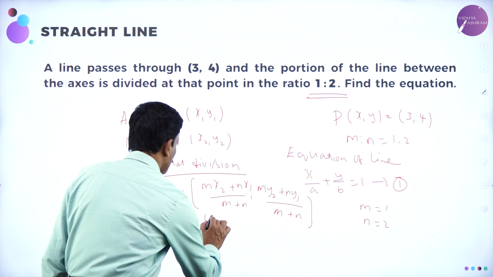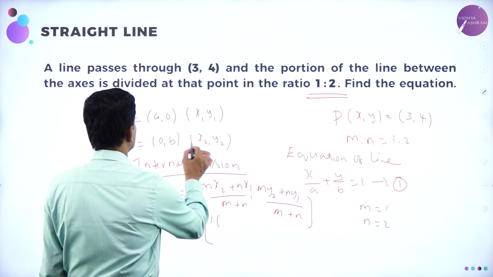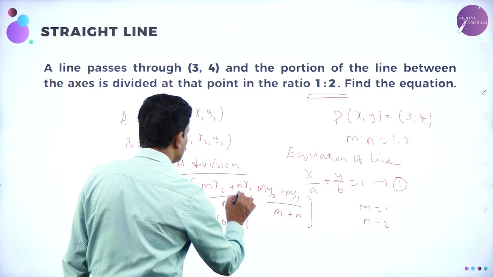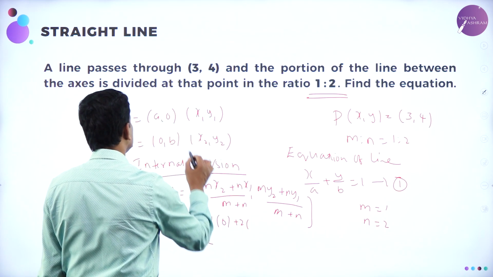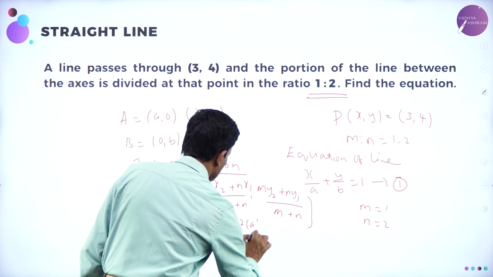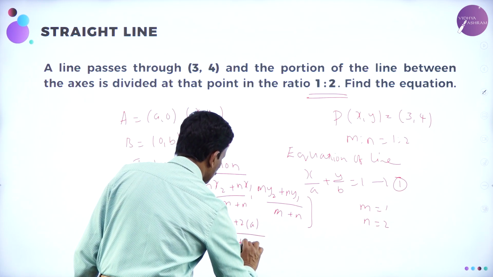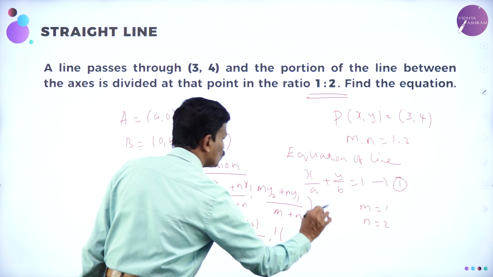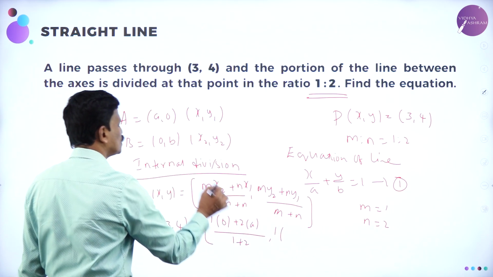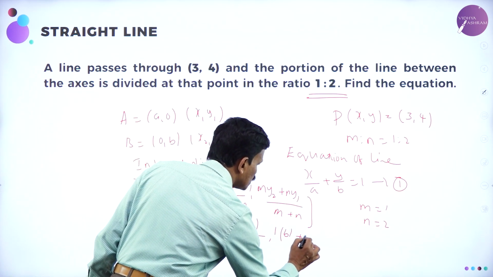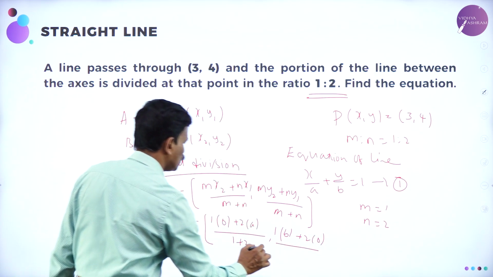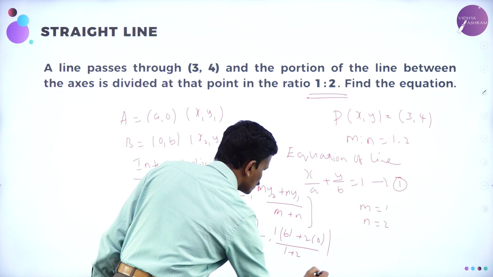So, m, 1, into x2, x2 is 0, plus n, 2, into x1, which is a, divided by m plus n, 1 plus 2, comma, m, 1, into y2, which is b, plus n, 2, into y1, which is 0, divided by 1 plus 2.